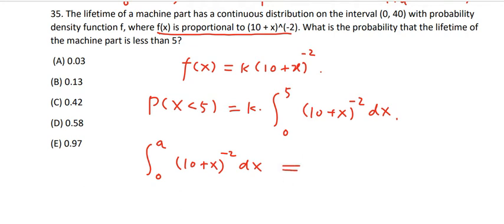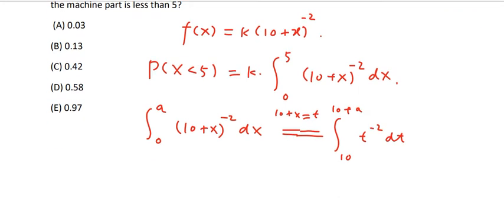So we use substitution. We say 10 plus x equals t. So this one equals t to the negative 2 dt, and t goes from 10 to 10 plus a. Right? Okay, so for this integration, we find it equals negative 1 over t.